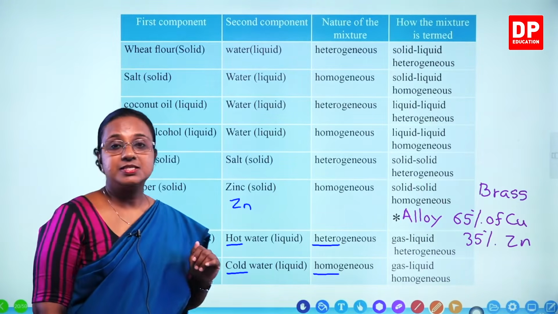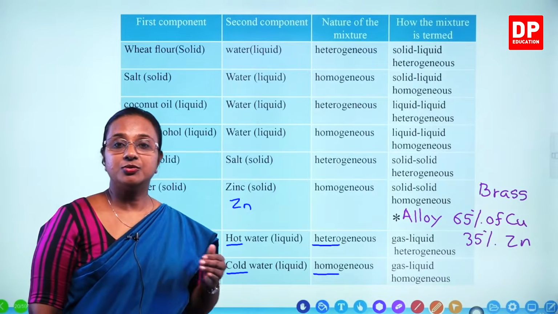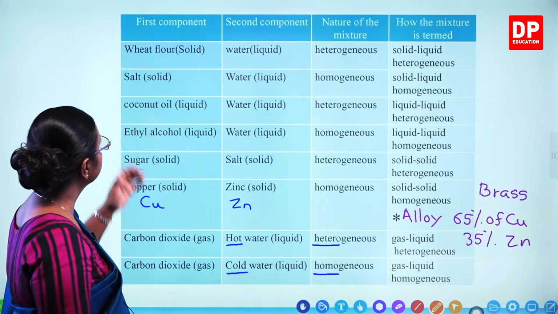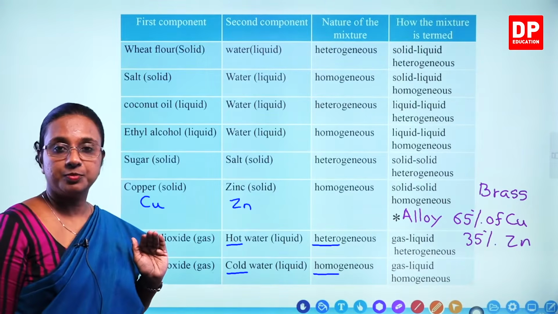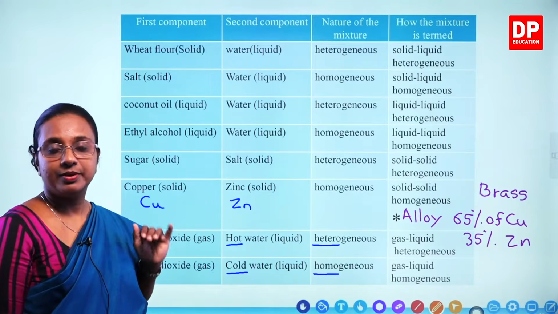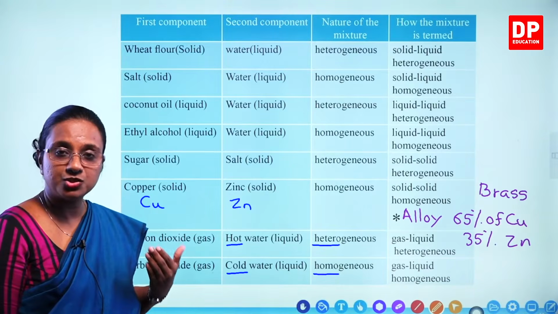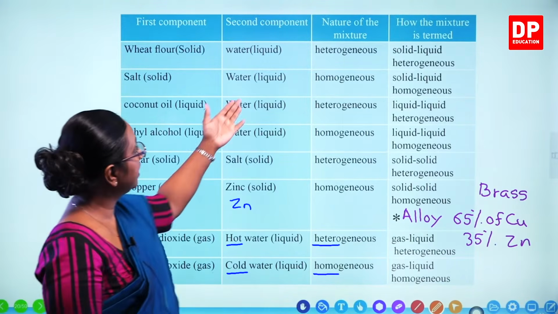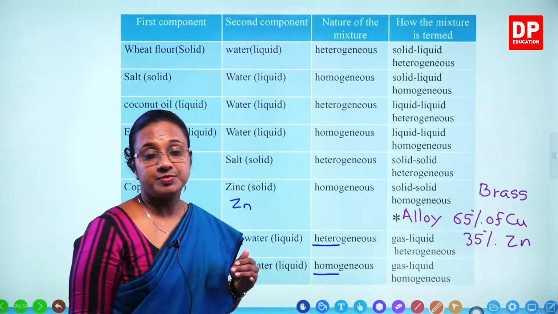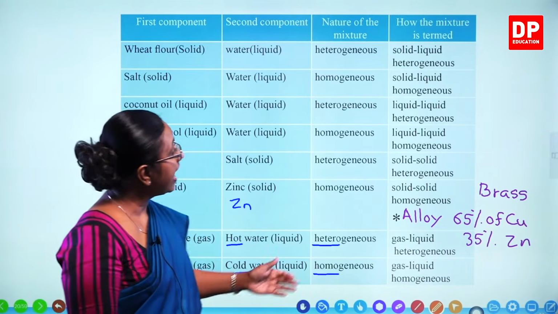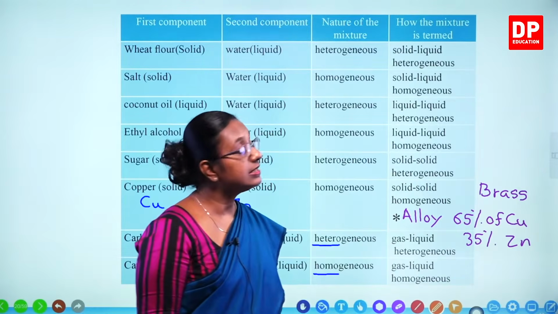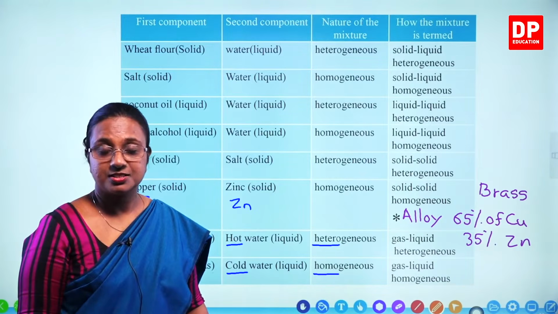So, from this table, I am sure you have a good understanding of how different states of components, solids, liquids and gases, can mix together and how they form different types, that is heterogeneous or homogeneous mixtures, and how we can term these mixtures.